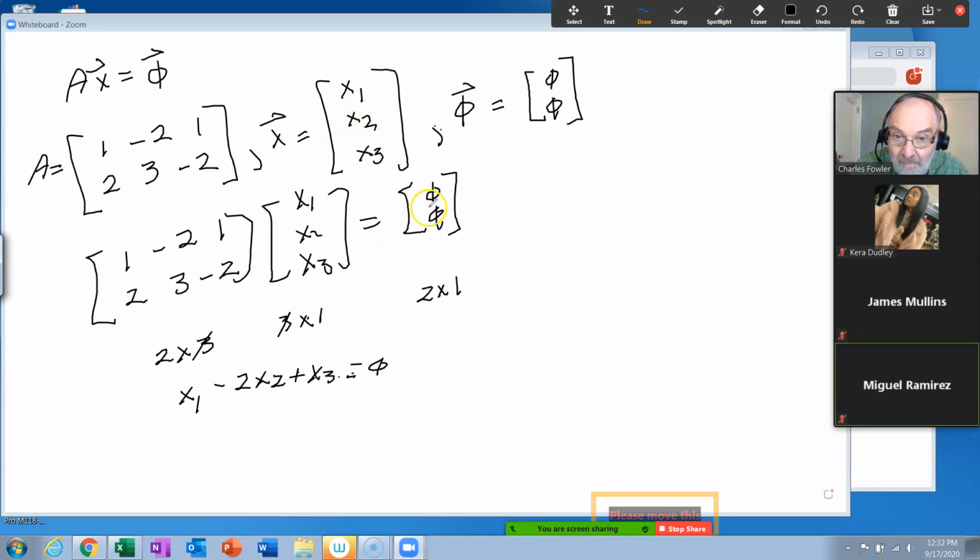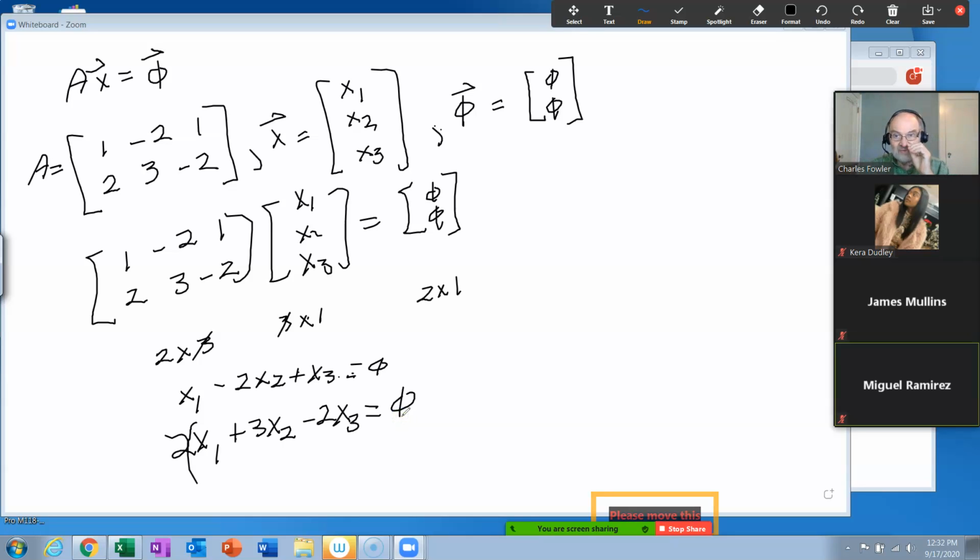That's this entry. This entry will be the 2-1 entry, second row here, first column there. That would be 2x sub 1 plus 3x sub 2 minus 2x sub 3 equal 0.